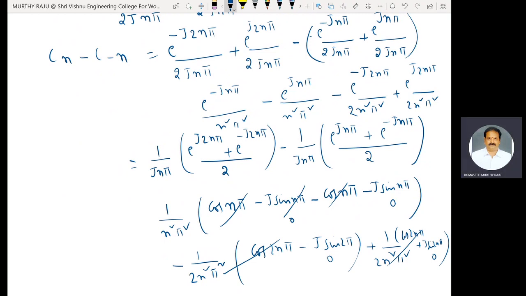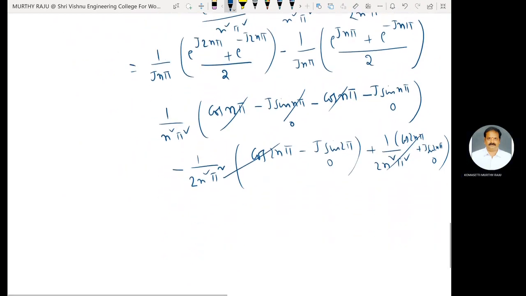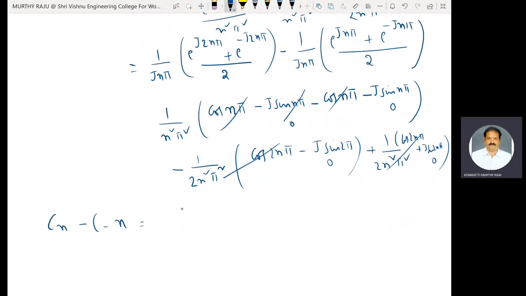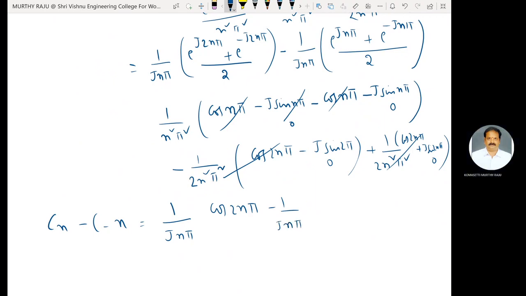Finally, Cn minus C minus n is equal to 1 by jnπ cos 2nπ minus 1 by jnπ cos nπ.